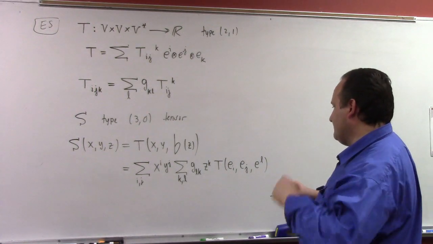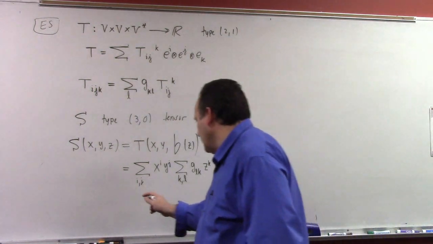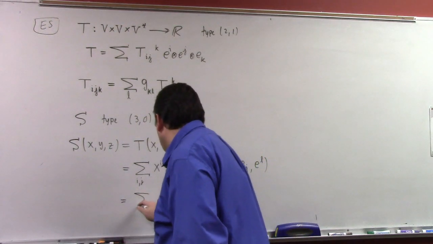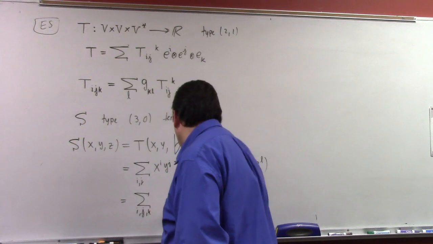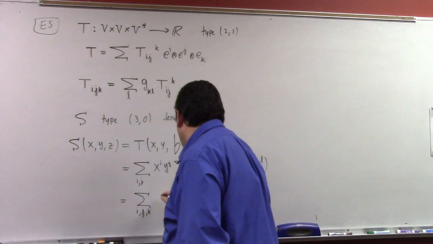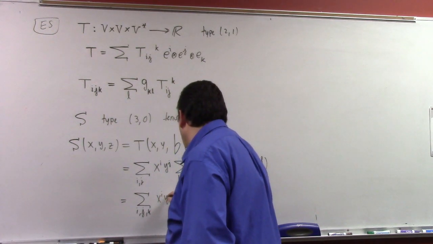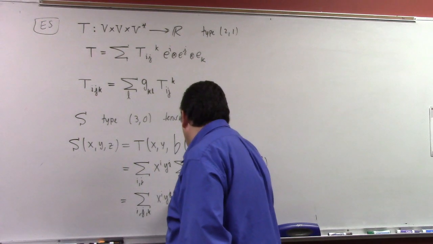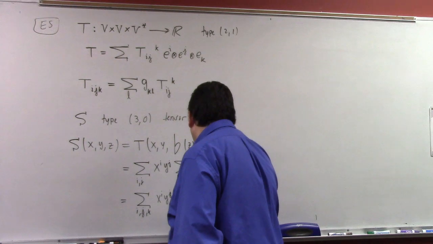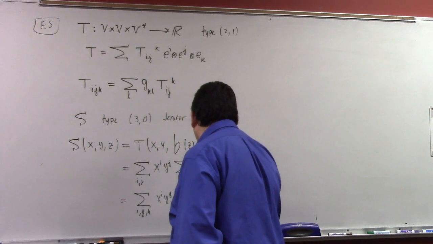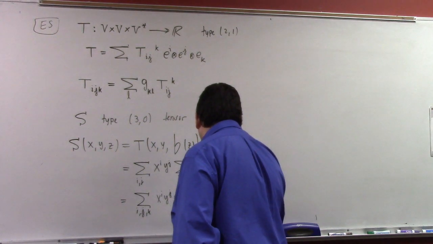And fine. So you've got the sum over i, j, k of x^i, y^j, z^k, sum over L of g_{Lk} T_{ij}^L.